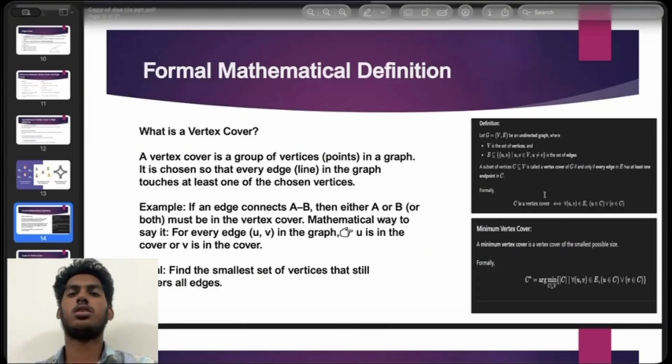Approximation algorithms. There are two. A simple algorithm gives a solution at most twice the optimal size. First one: pick any edge, add both U and V to the cover, remove all edges incident on them, and repeat.